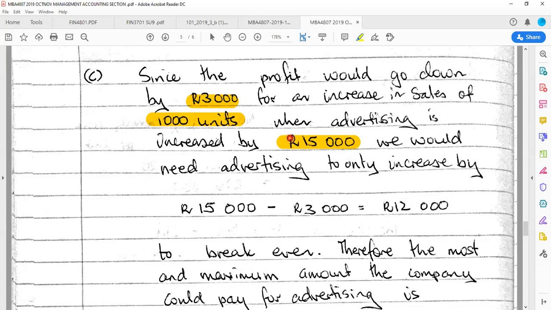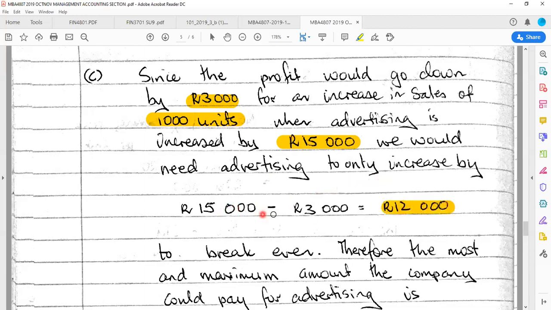So we would need that advertising to go down to 12,000 Rand, so that 3,000 of the cost associated with that 15,000 would then go over to our profit. Therefore, we would need advertising to only increase by 12,000.